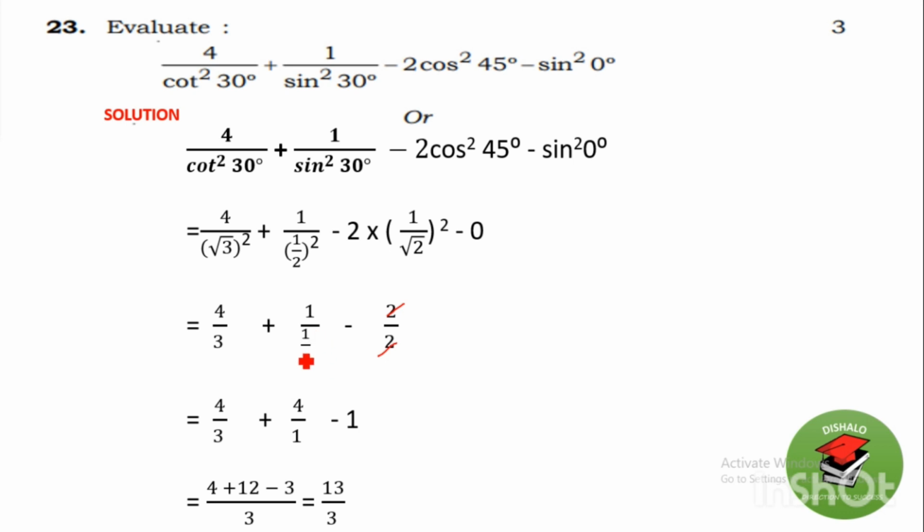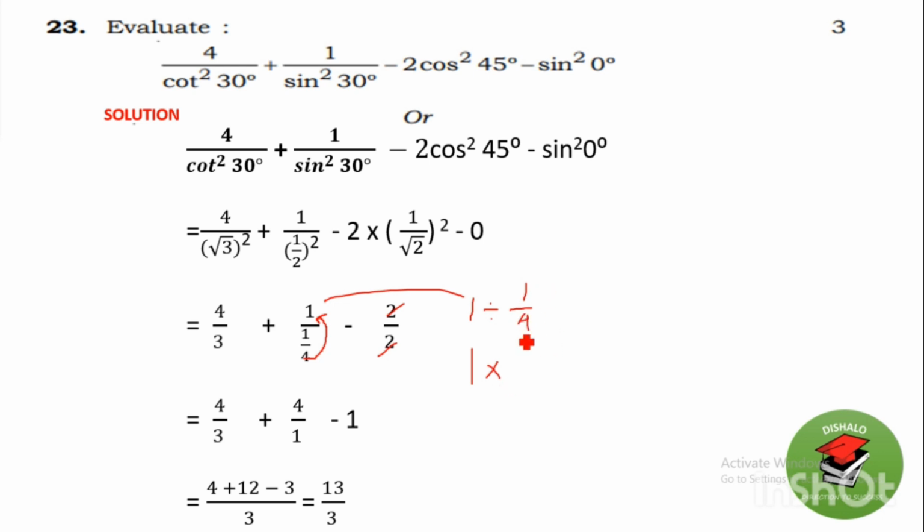Now when you solve this, this 4 goes to the numerator. I hope you know this step. It is like this: this line means divide. So 1 divided by 1 by 4. If I change the divide into multiply, what will happen?